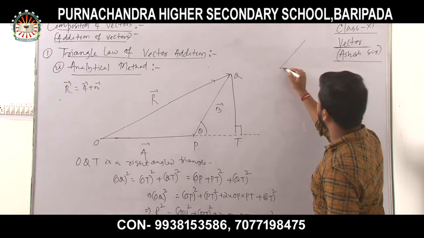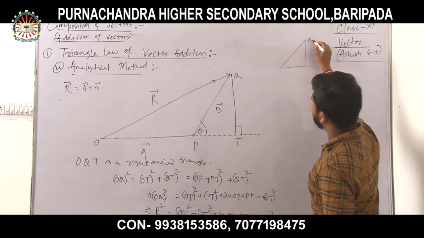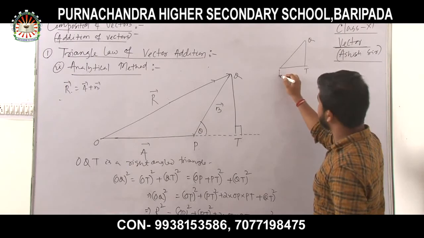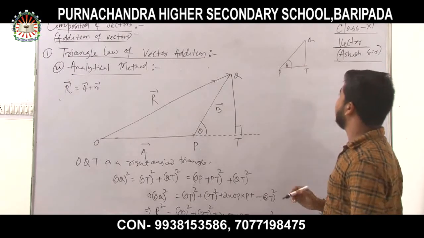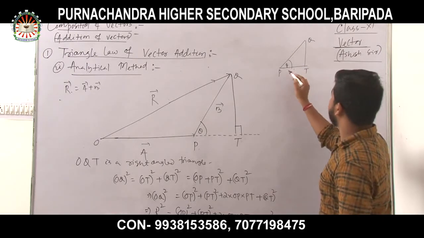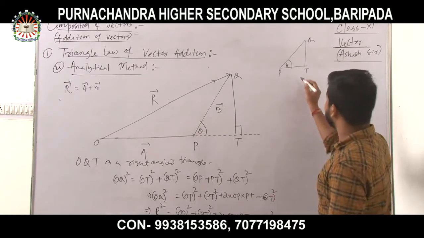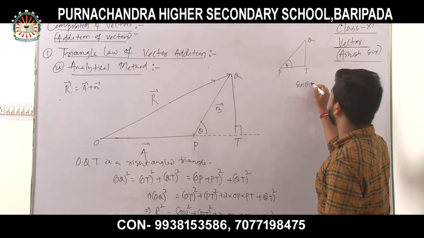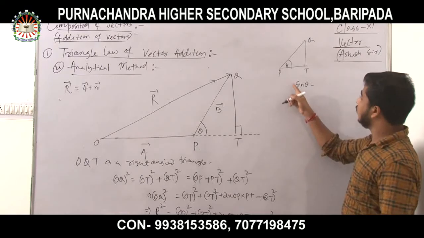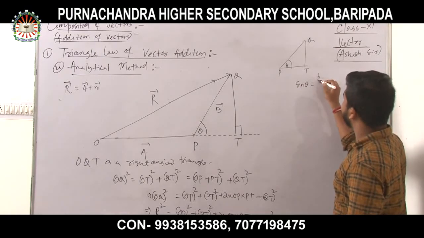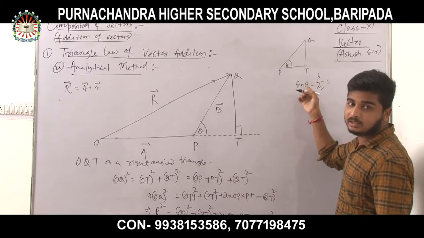Look at the triangle PQT. This is Q, this is T, this is P, and this angle is theta. I want to find sine of theta. Sine theta is equal to P divided by H, you know the trigonometric ratio.